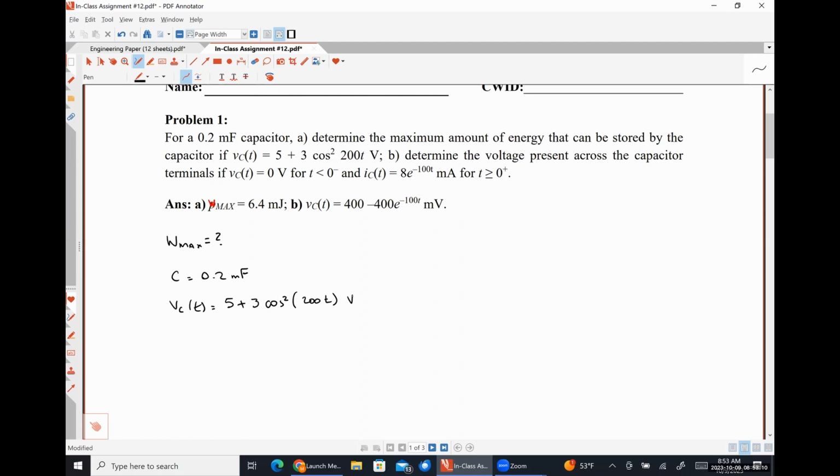There are a couple of different ways that we could wrap our heads around this thing. What I am going to do is use a trig identity.